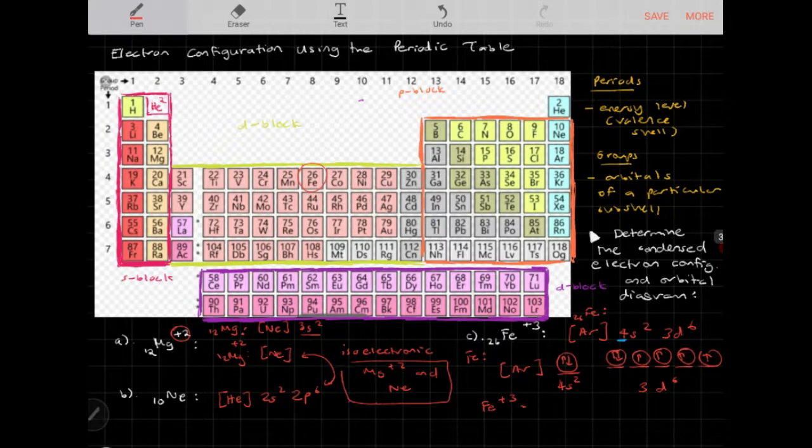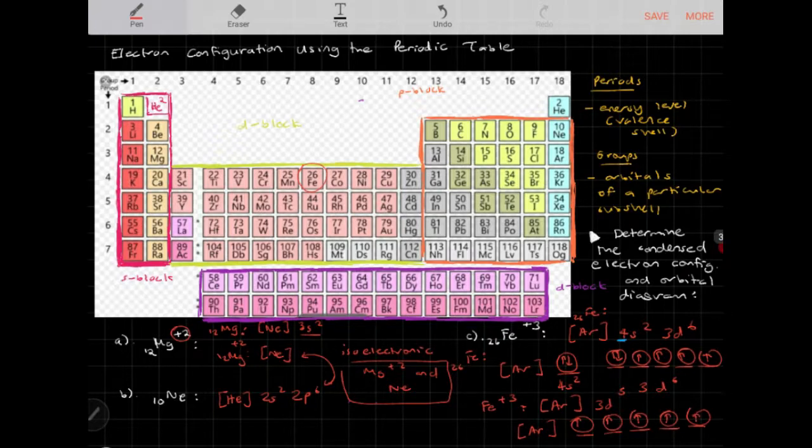So the way you'd write this is Argon, so you deplete the electrons in the 4s2, and then you subtract 1 from the 3d, so it's just 3d5. Okay, so now what it's going to look like is Argon 3d5, and all the electrons are half filled.